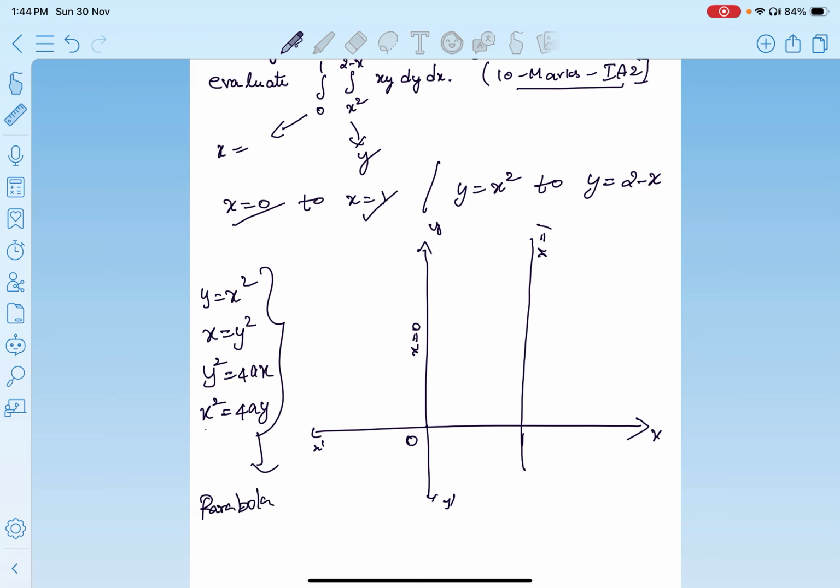Whenever you see an equation like this, it is a parabola. So always remember that if you see this, you have to draw a parabola curve. The curve should touch the 0 point.